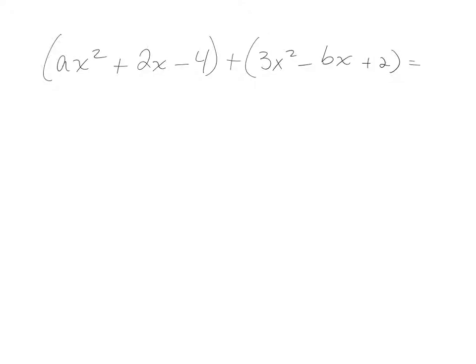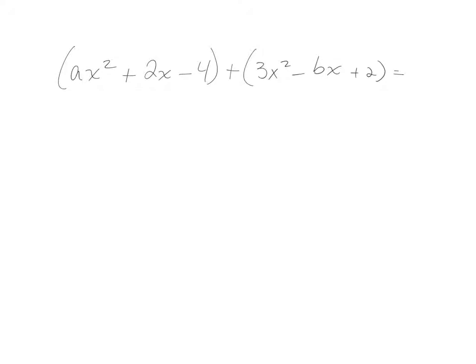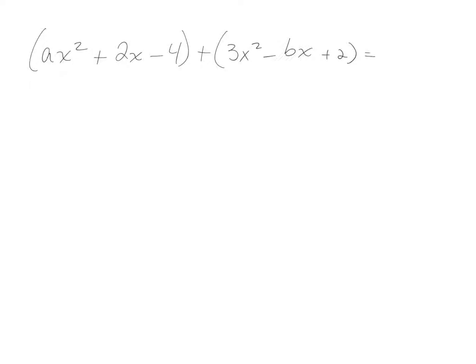Let's say we've got ax squared plus 2x minus 4 plus 3x squared minus bx plus 2 equals, let's say for this one, 4x squared plus 5x minus c.